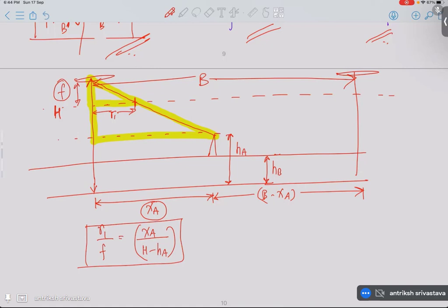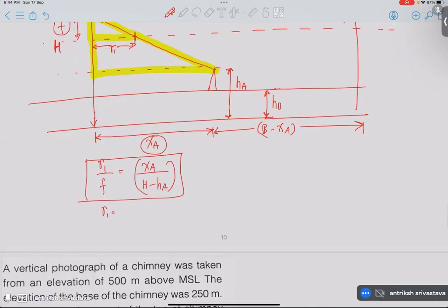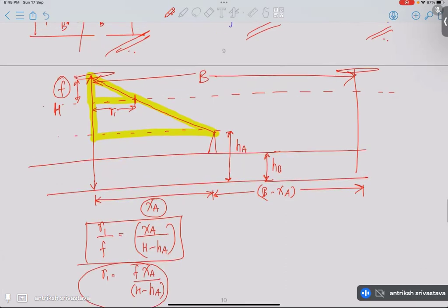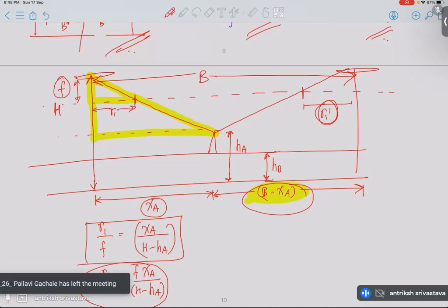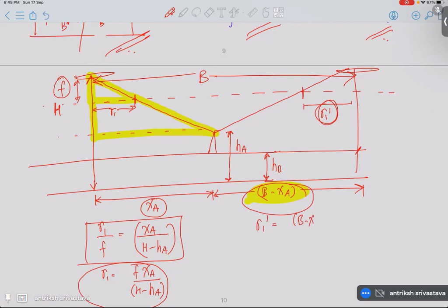So r1 is nothing but f xa by h minus ha. Now if you look at this carefully, ha doesn't change, h doesn't change. The only thing that will change if I want to get this r1 dash is this distance, the vertical drop from the plane. So I can write r1 dash as b minus xa, f, the focal length doesn't change, and h minus ha, right?